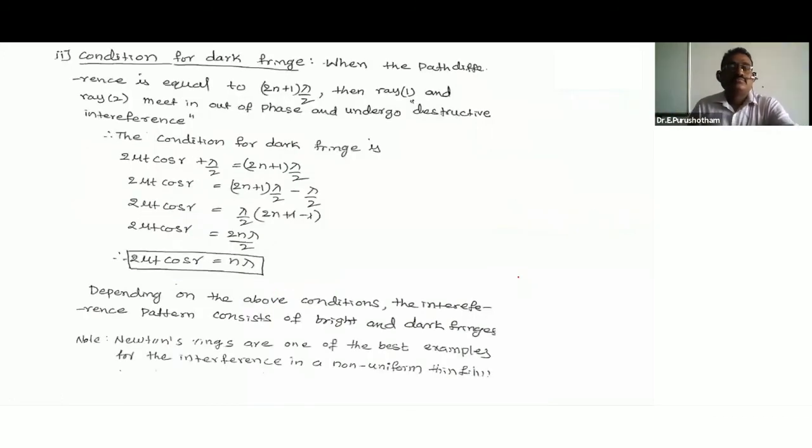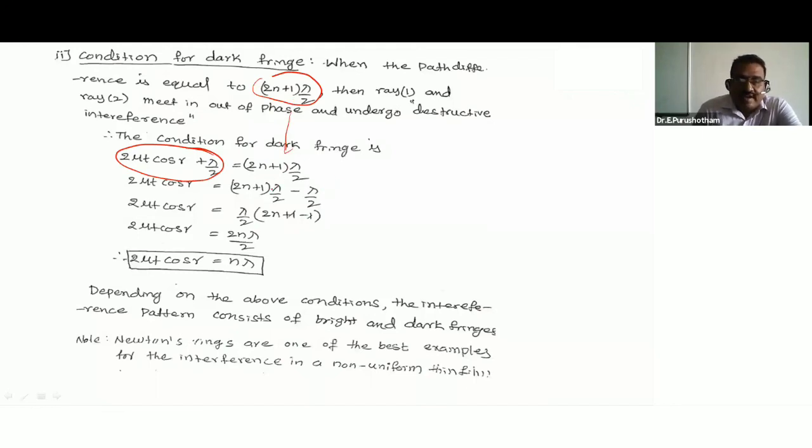So condition for dark fringe. In Young's double slit in general, ray 1 and ray 2 meet out of phase and it gives destructive interference. So dark means out of phase, so it undergoes destructive interference. 2 mu t cos r plus lambda by 2 is the path difference here. So this is the condition 2n plus 1 lambda by 2.